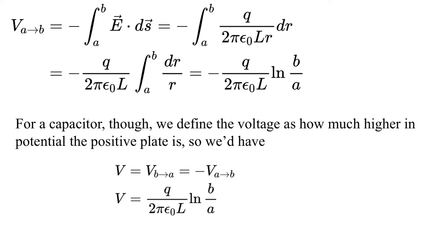The voltage from point a to point b, from the inner radius to the outer radius, would be minus the integral of E dot ds along that path. So we just do that. We say minus the integral from a to b, and then we put in our electric field.